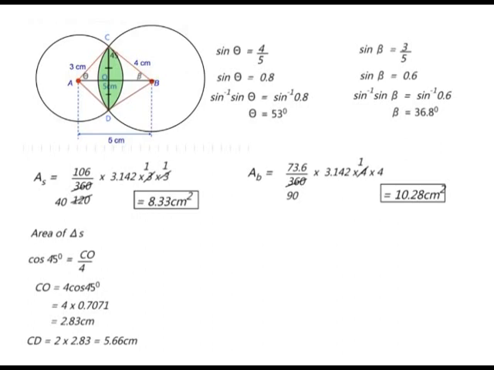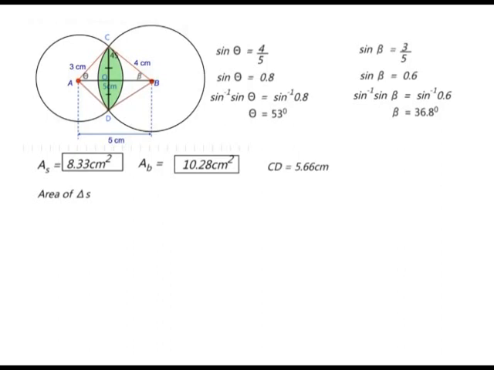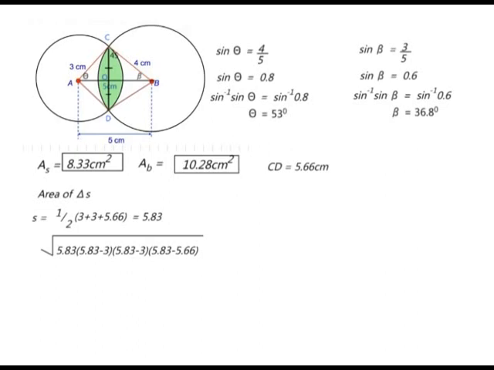Now we have the triangles with all the three sides. We apply Heron's formula, the smaller triangle first. S is equal to (3 plus 3 plus 5.66), everything divided by 2, and that will give us 5.83. Area of the small triangle will be the square root of 5.83 times (5.83 minus 3) times (5.83 minus 3) times (5.83 minus 5.66).